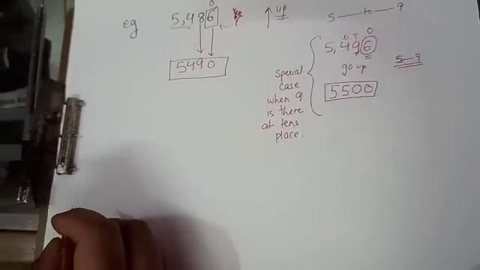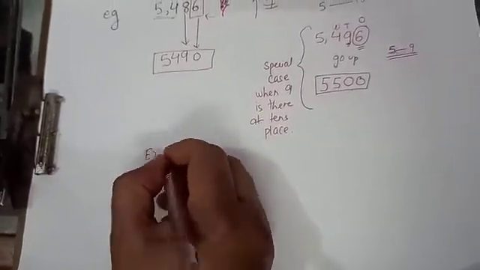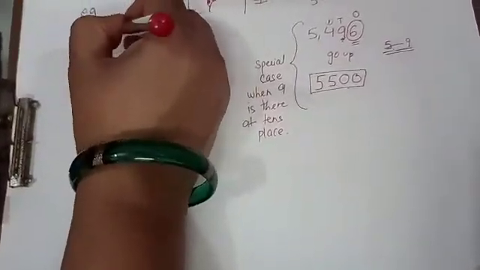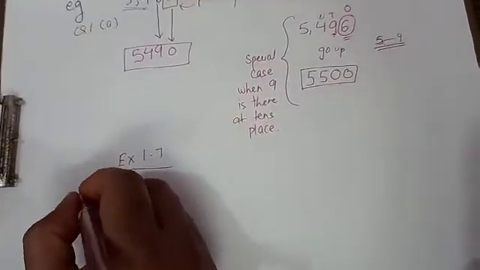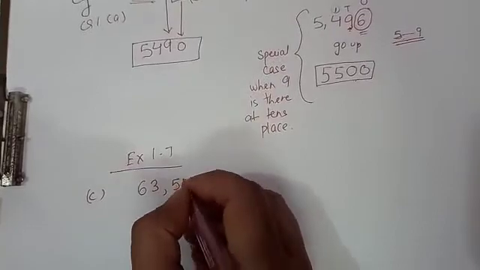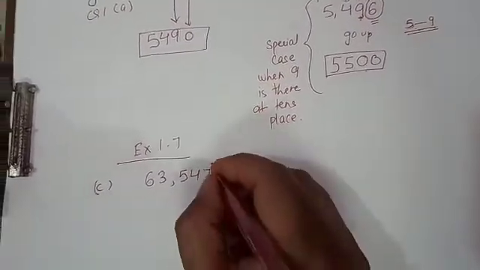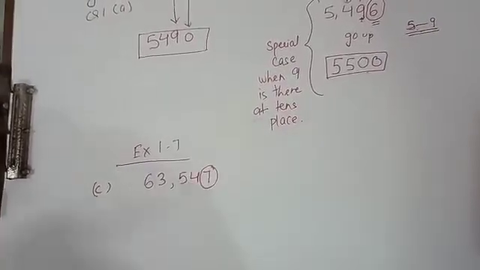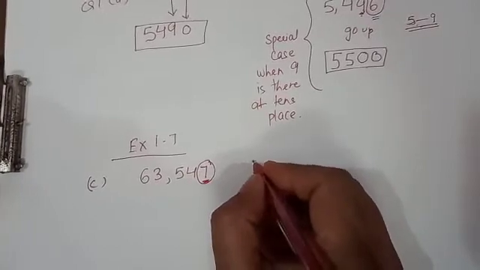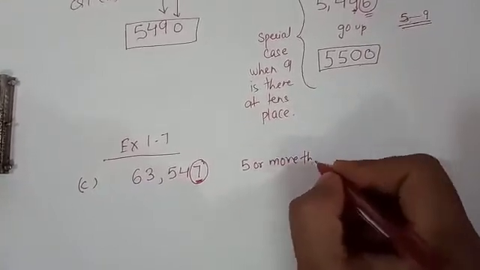Now, I am taking an example from your exercise 1.7. This was question number 1A part. Now I am taking C part. C part is 63,547. Now what is our rule? Look at the digit at ones place. Again, this digit is 5 or more than 5.